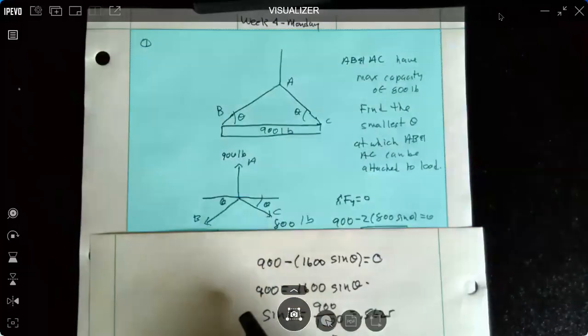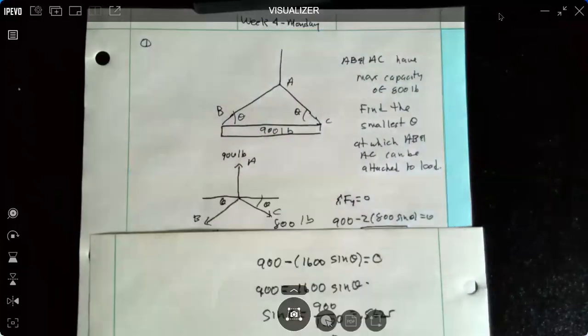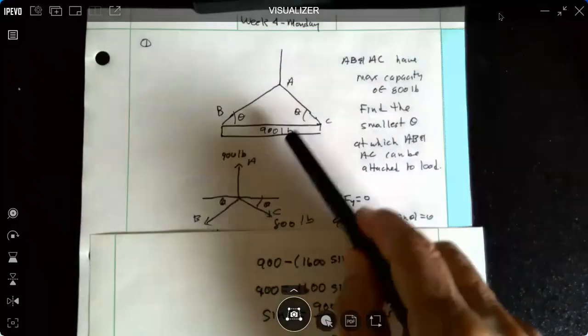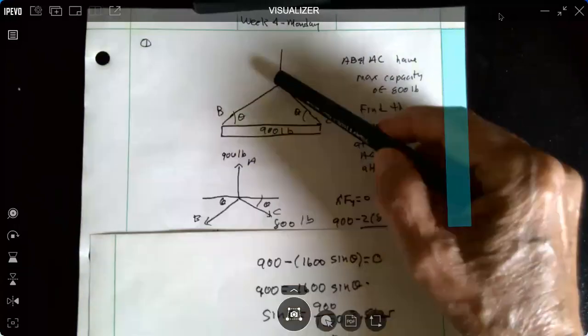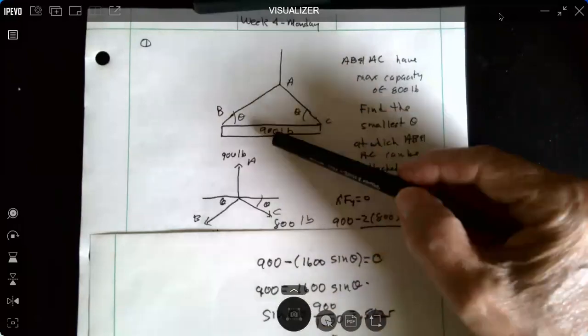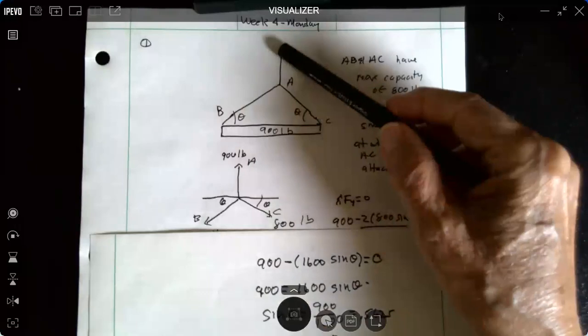Okay, here is point A. The 900 pounds, since this system is lifting 900 pounds, this cable here has to have the 900 pounds carrying it up. Okay, so this 900 pounds is going to be transferred to this cable lifting.